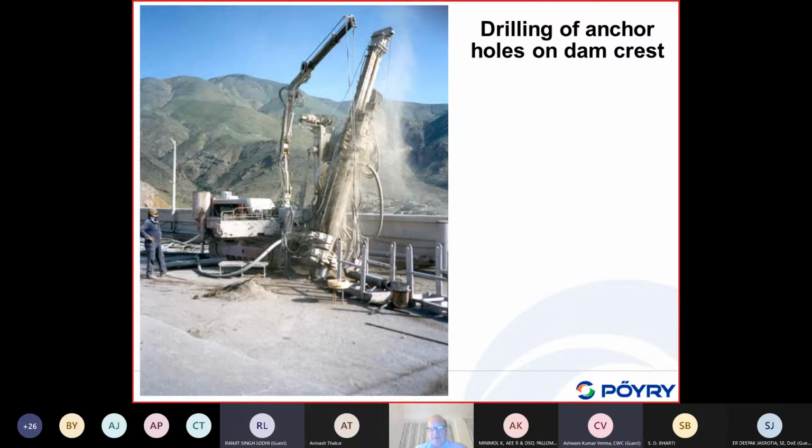There were basically two types of repair works which were done. Number one, there were these anchors, which I've just shown, and the other was the leakage. The repair of the leakage was by grouting some epoxy resin, epoxy mortar.